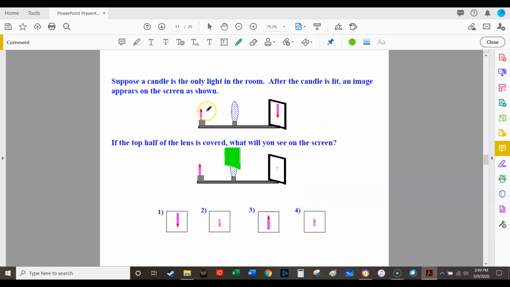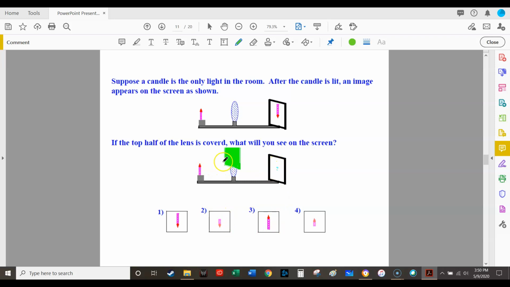Suppose you have a candle, and the light from the candle is going to go through the lens, and it's going to form a nice crisp image right over here. What do you think is going to happen to that image if you cover up half the lens? Would half the image show? Basically, would the image still show on that screen over here, or would half the image show?